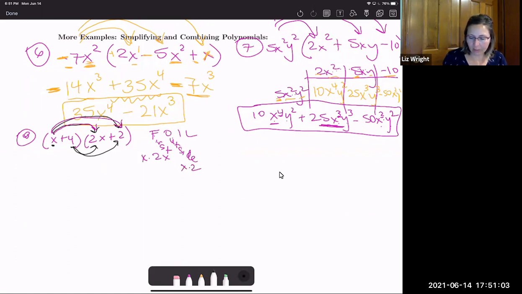And then we do the inside terms, which is going to be 4 times 2x, because here's the inside. 4 times 2x. And then finally, it's the last terms. So the last terms is going to be 4 times 2.